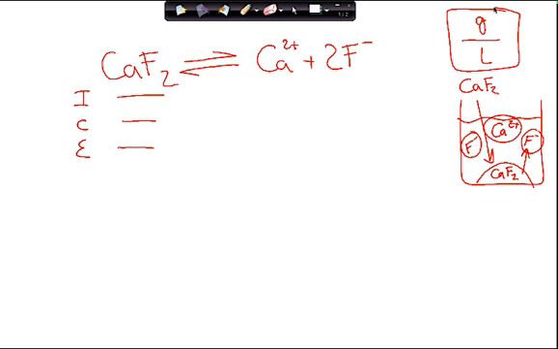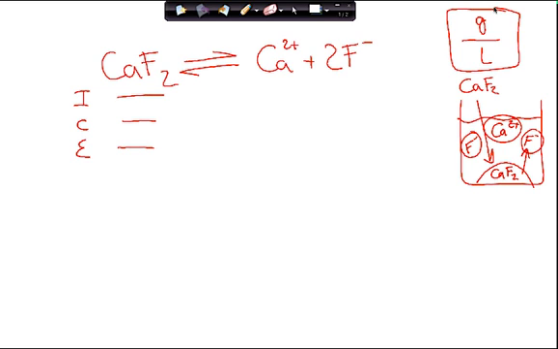And that's simply figuring out what you're trying to figure out. You're trying to figure out grams per liter. That is not contained anywhere in an icebox. But grams per liter is a whole lot like what, which is in an icebox? Moles per liter. So if we can come up with moles per liter, we can convert that to grams per liter. So we need to know the molarity, but that is the molarity at equilibrium.